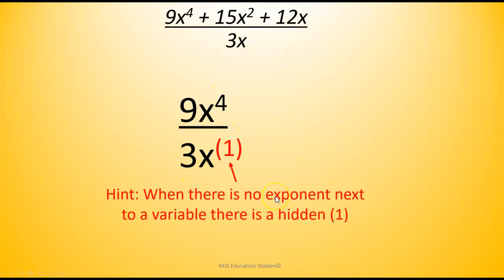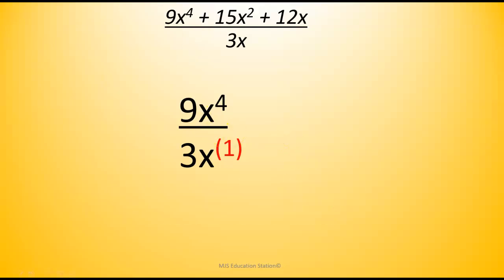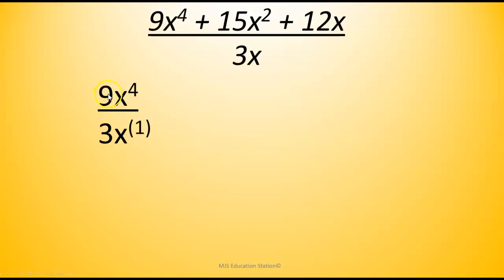This is a hint, it's flashing for you. When there's no exponent next to a variable, there is a hidden 1. Remember, x to the 0 would just be the number 1, so actually x wouldn't be there. So if there is not an exponent, you can assume it is a 1. What we're going to do, 9 divided by 3 equals positive 3.